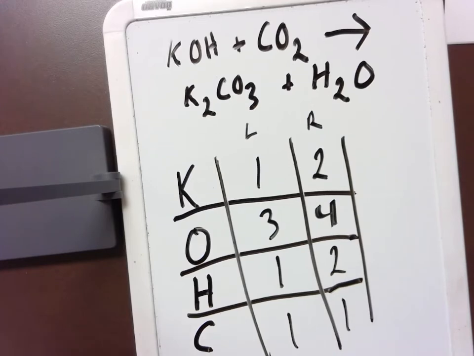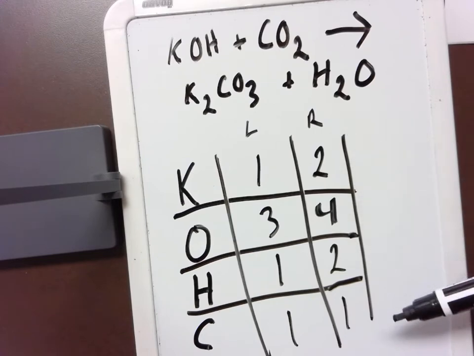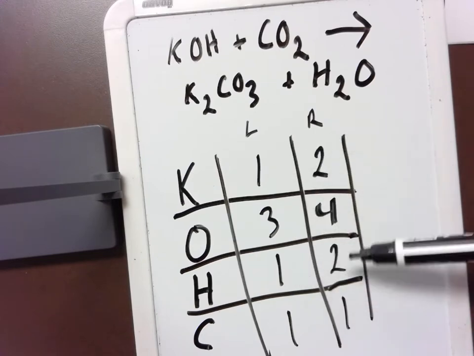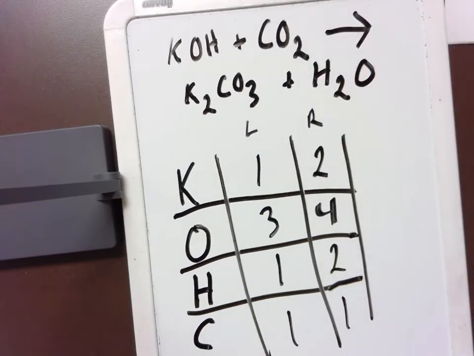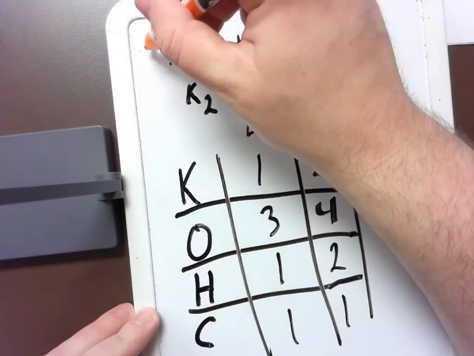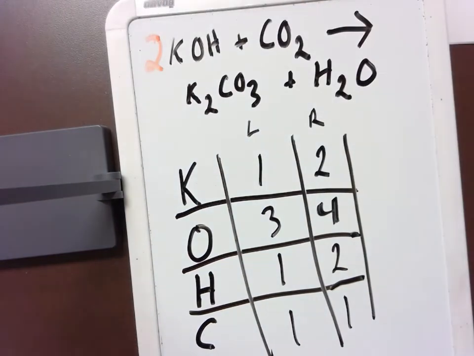So, what's the easiest thing to start out with? Since we have 2 ones, we have 3 ones on the left side and 1 on the right side. But let's look at these two. These two are going to be the simplest to start with. So let's go with K. If I put a 2 here, we're going to make orange be our pencil, so that way we get it correct.